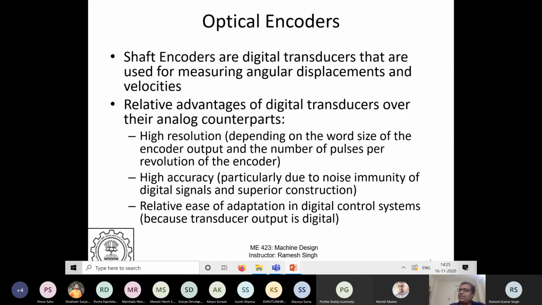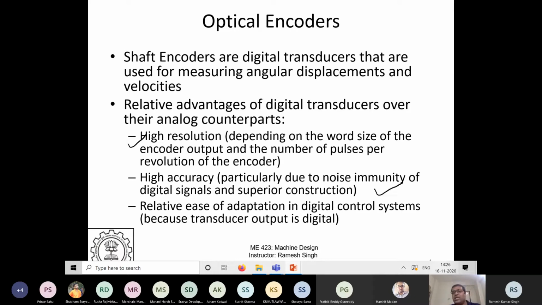So shaft encoders are digital transducers used for measuring displacement and velocities, and their relative advantages are high resolution. You can get very high resolution depending upon how many holes or alternate dark and bright patterns you have, meaning their frequency. They also have high accuracy due to the noise immunity of digital signals.